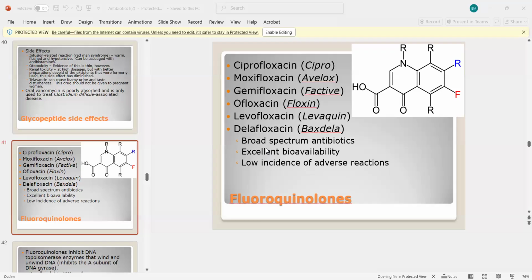In fact, they are used that way. They tend to be first line for some infections, for example, plague. Also tend to be first line for tularemia, caused by Francisella tularensis. That's one you get from skinning wild animals and all that sort of stuff.